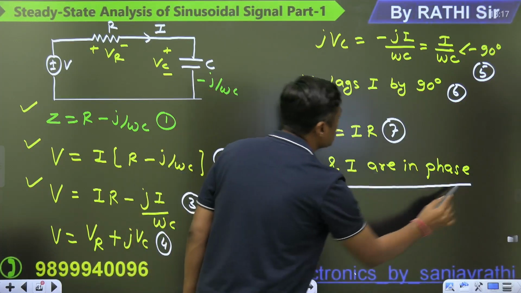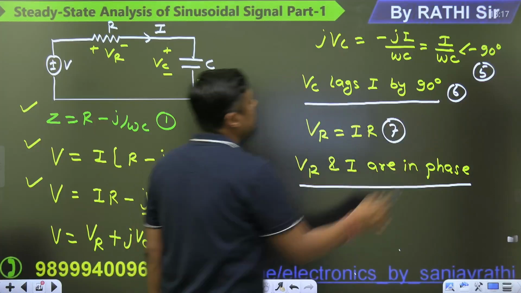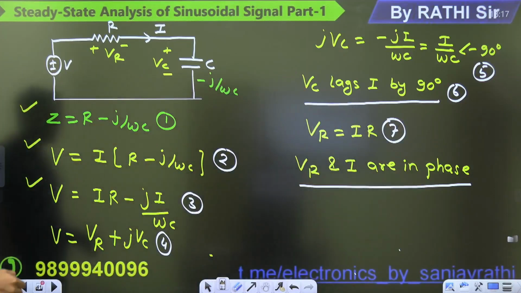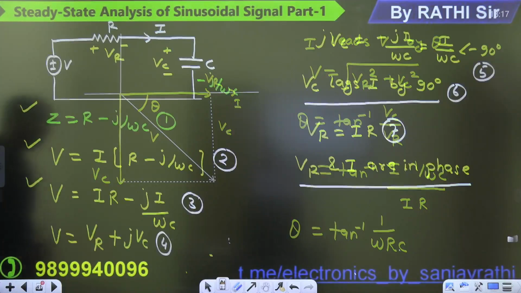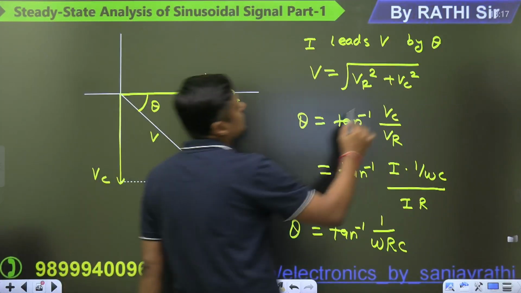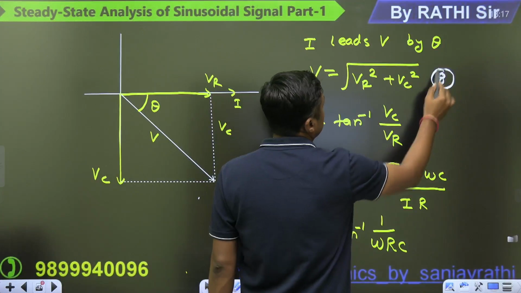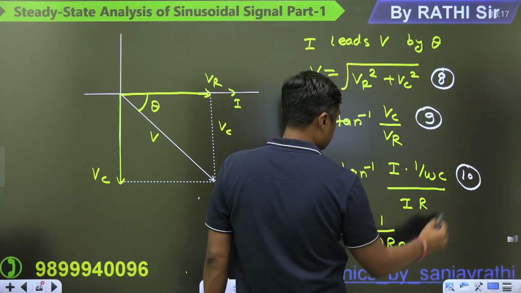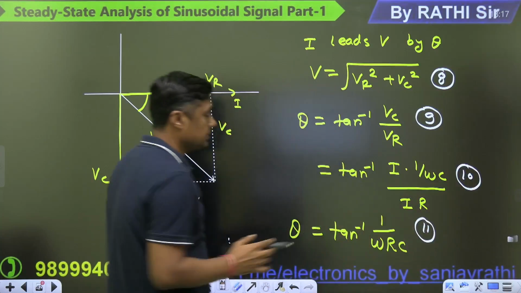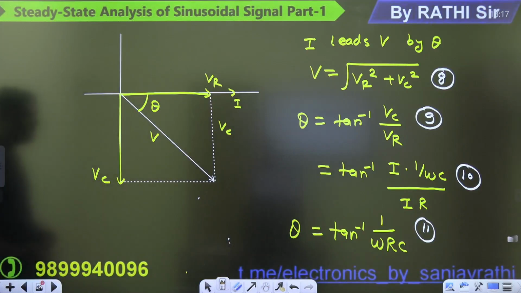This is the conclusion: VC lags the I by 90 degrees. Seven, 8. And this is the angle, the 11th: tan inverse of 1 by omega RC.